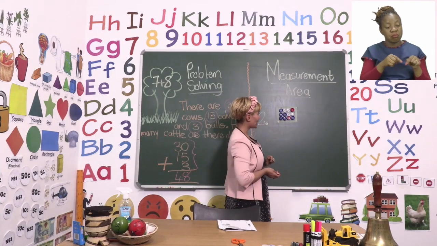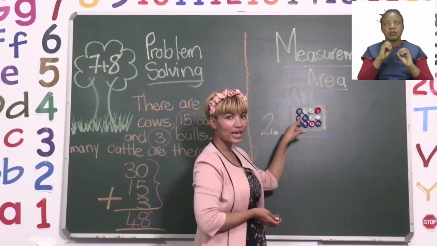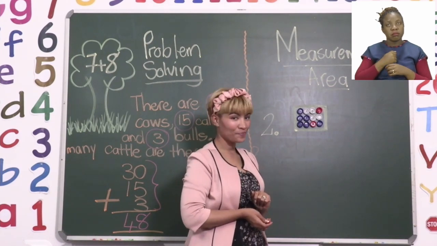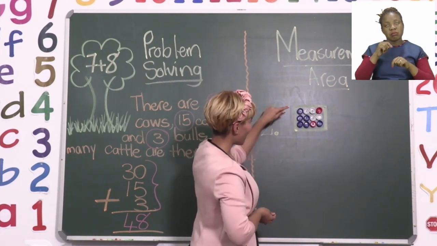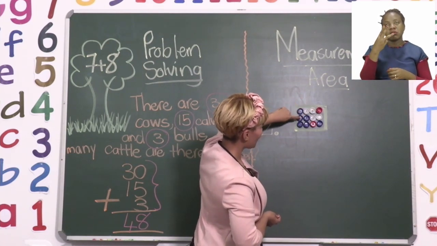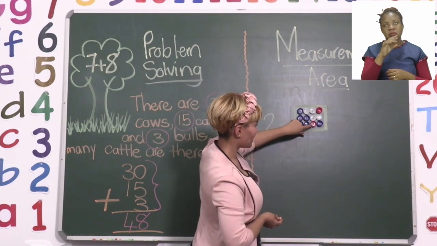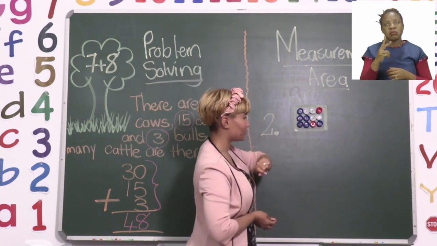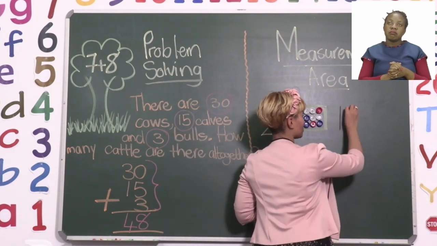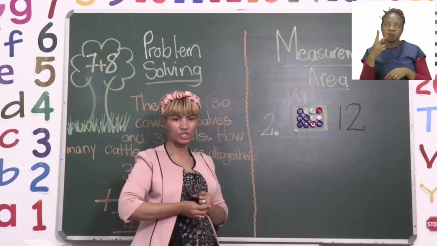So let's quickly see how many bottle caps I used in my shape. Will you count with me? Let's go. 1, 2, 3, 4, 5, 6, 7, 8, 9, 10, 11, 12. So here I used 12 bottle caps in this shape.